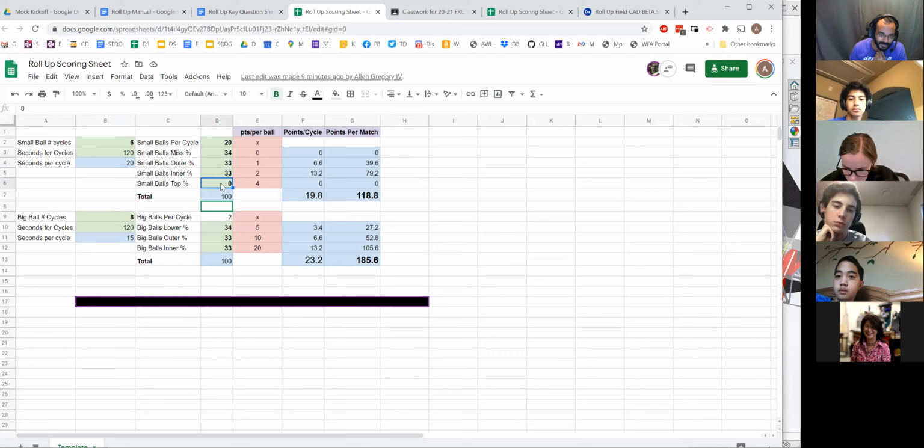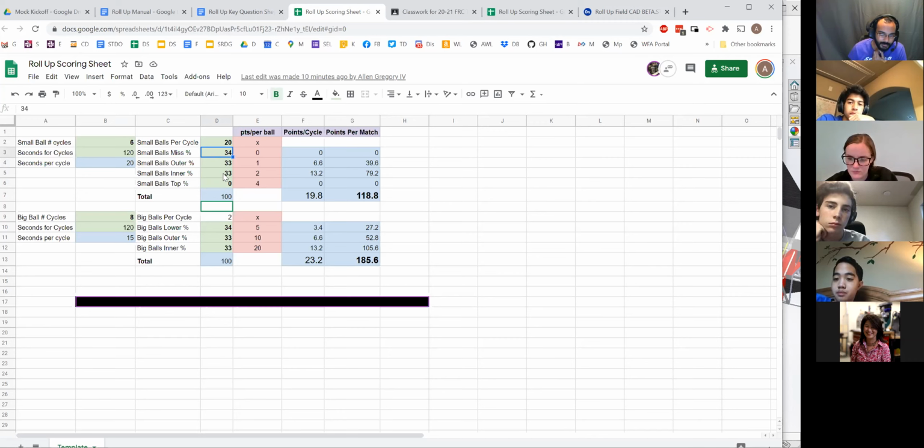Does that make sense? Because they're in two very different spots. If you're aiming for the top goal, you're probably not putting too many into the inner. Some of them may bounce around and go in the outer. We'd have to figure out how that plays with physics and everything. But if we're hitting any sort of good percentage of top goal, we're probably not hitting very many inner and probably not very many outer, and any of our misses are probably just true misses.